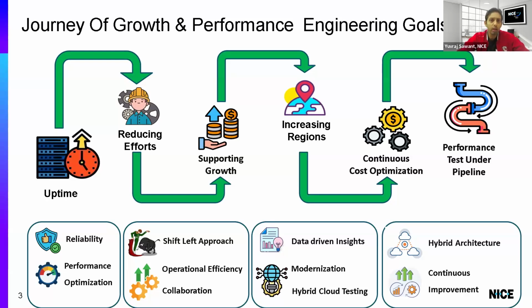The final stage, which ideally every organization envisions, is how can I put my performance engineering into my pipelines, so that I can find those issues earlier. And if there are bigger issues, how can I find those before it goes to production?